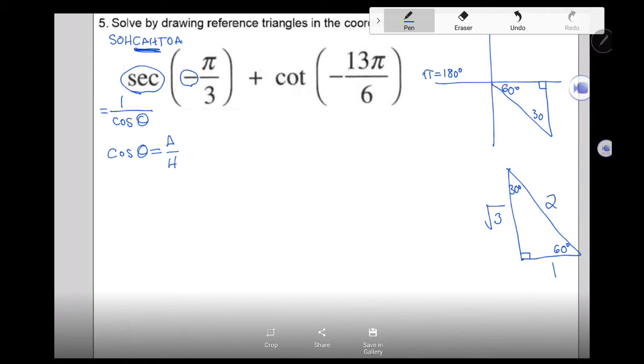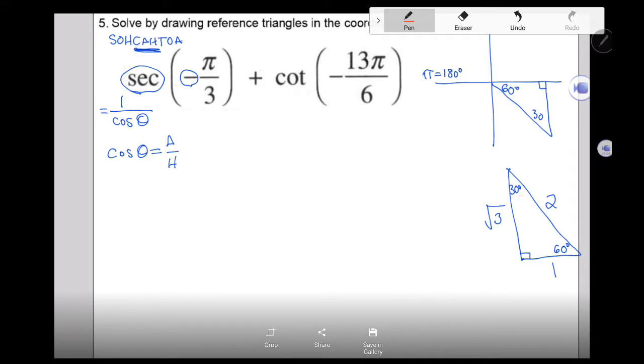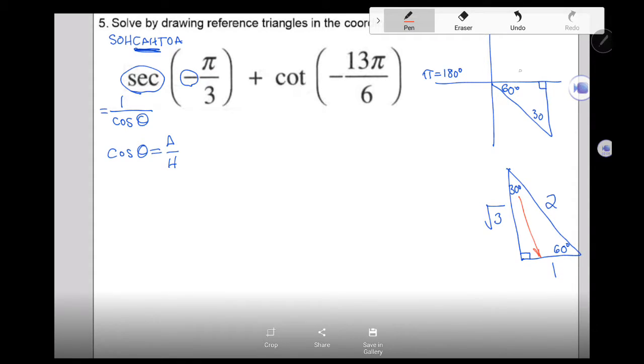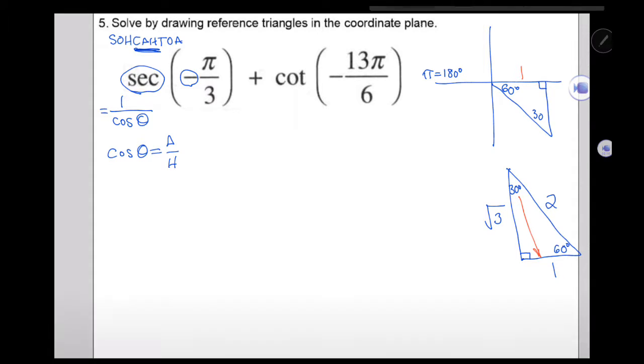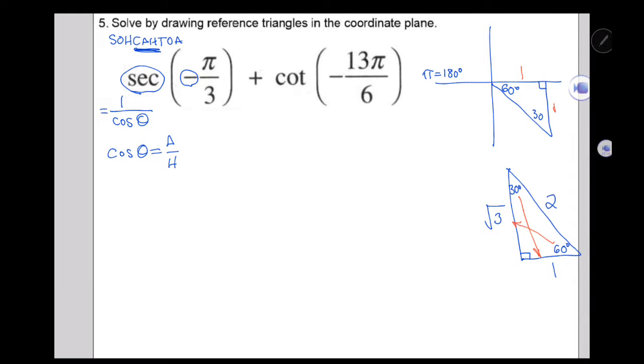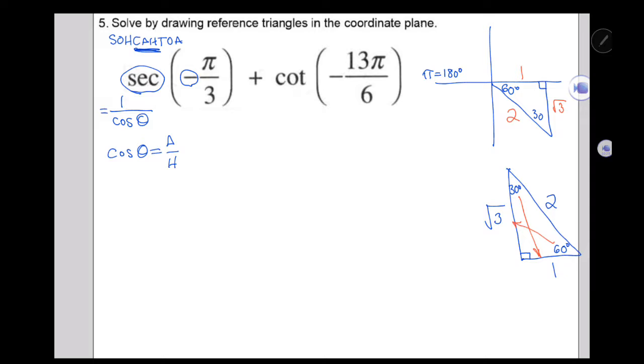Let me label these sides the same way. The 30 opens up on 1, so this 30 should also open up on 1. The 60 opens up on the square root of 3, so this 60 should also open up on the square root of 3. The 90 degree angle opens up on the hypotenuse of 2.